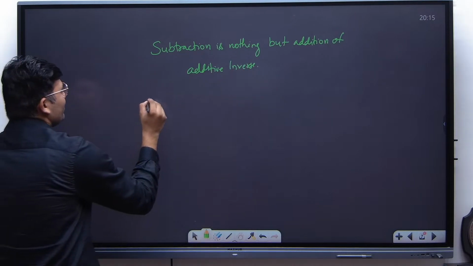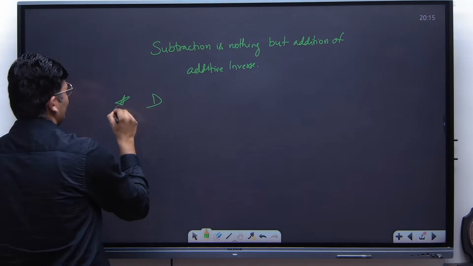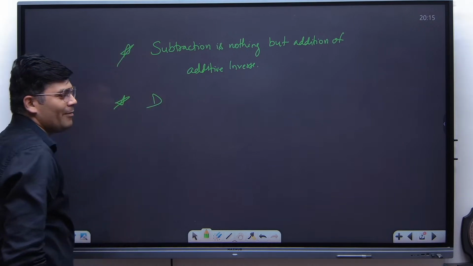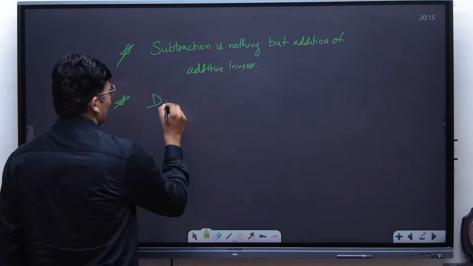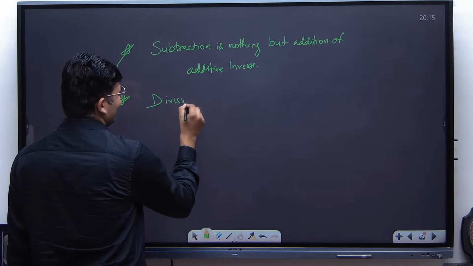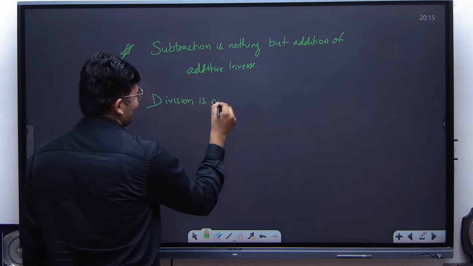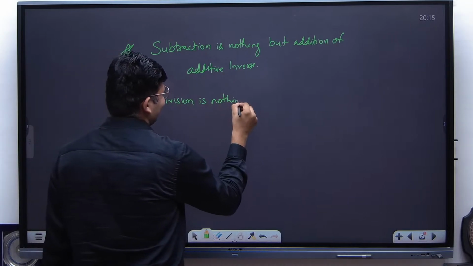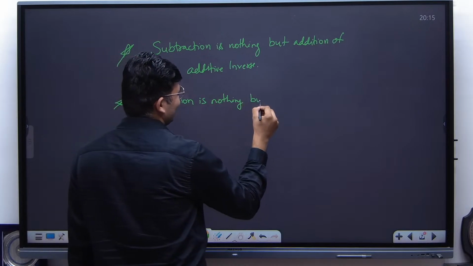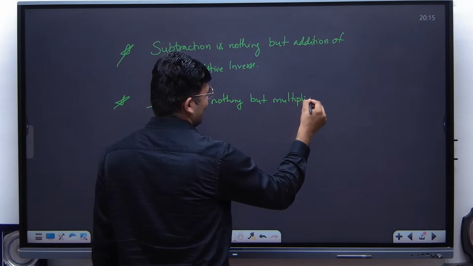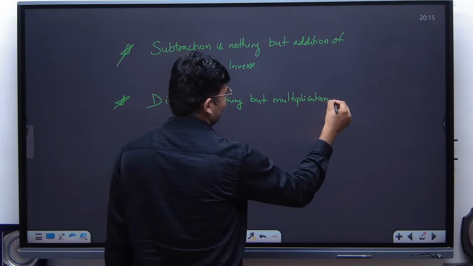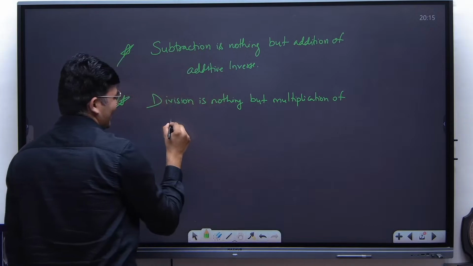And we can also mention here, today I am mentioning for you, this is the first time that I am writing it for you. It came to my mind just now. Division is nothing but multiplication of the multiplicative inverse.